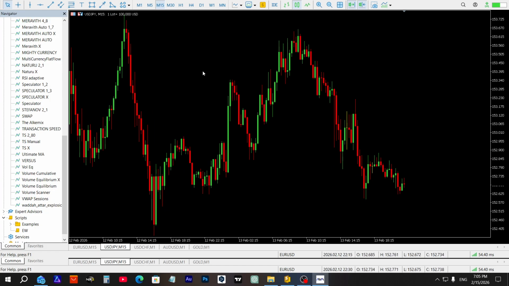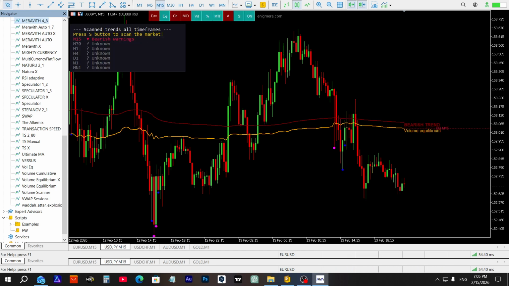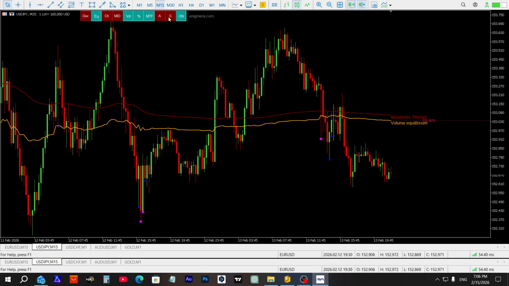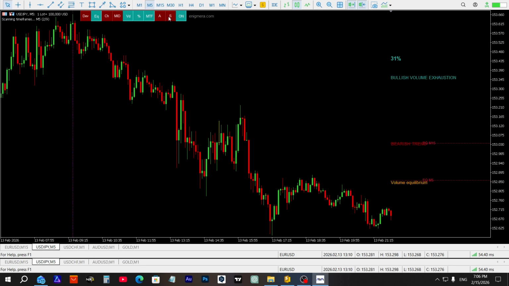Okay, let me proceed with the next pair, dollar yen. Again, same situation. I insert the indicator on the chart, and the indicator is asking me to scan the market.